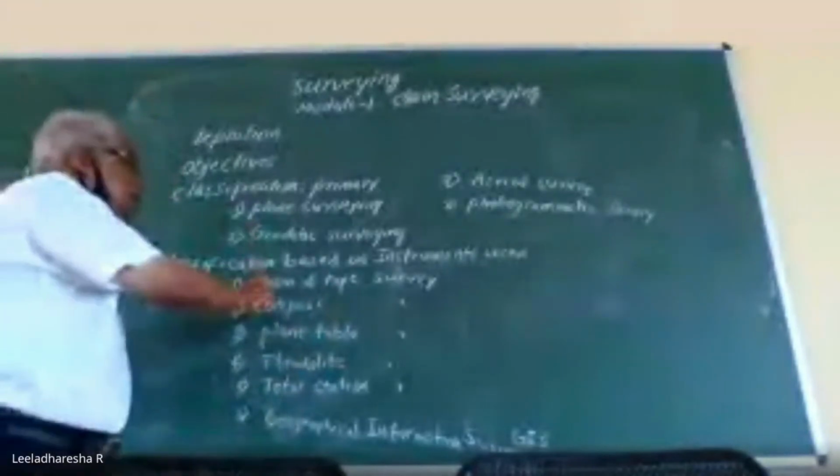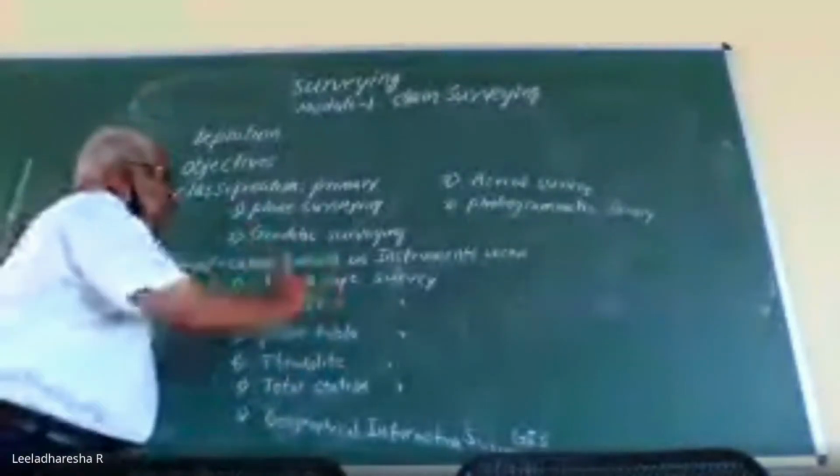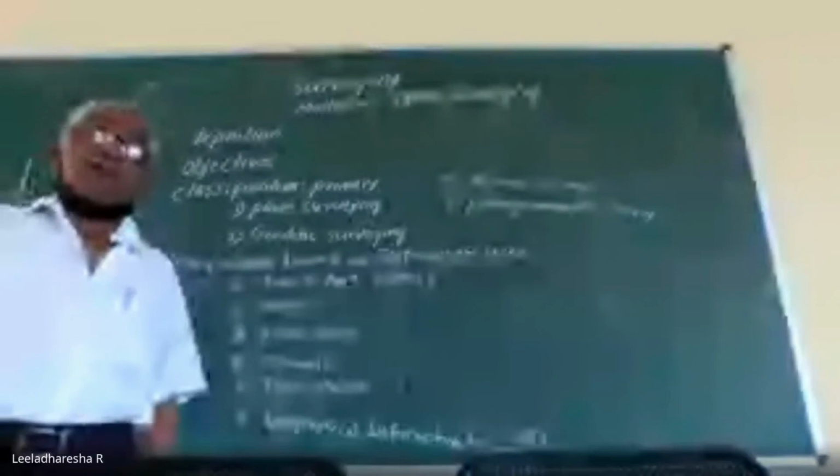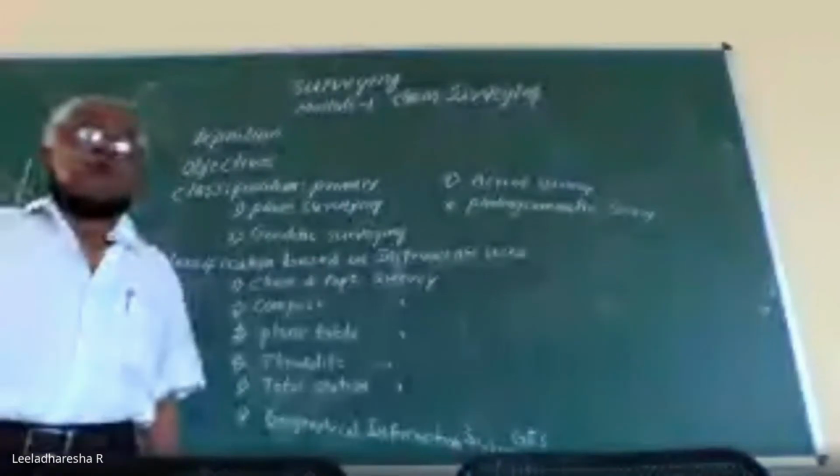Generally, in addition to the chain and tape, because if I use chain and tape, I may not get the directions properly, an additional instrument is used to measure the direction of various lines which are to be plotted on the plan. Then next one is plane table survey.